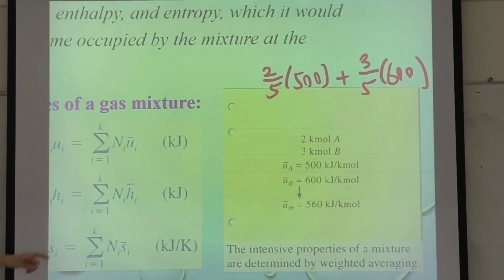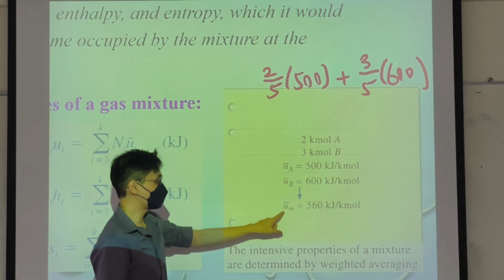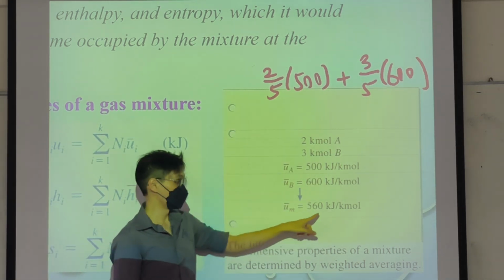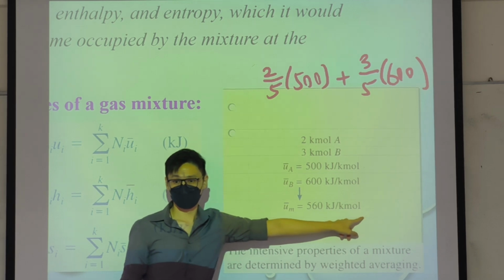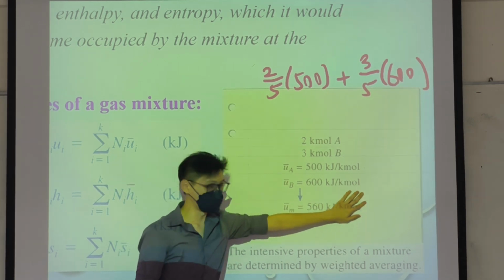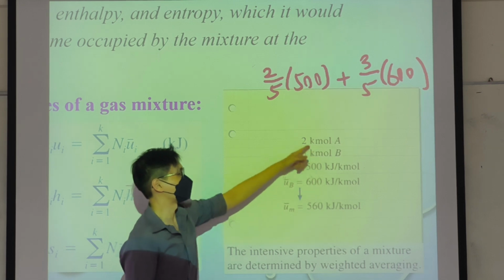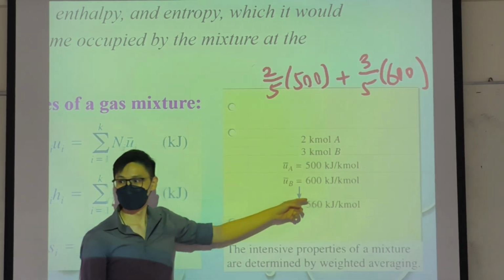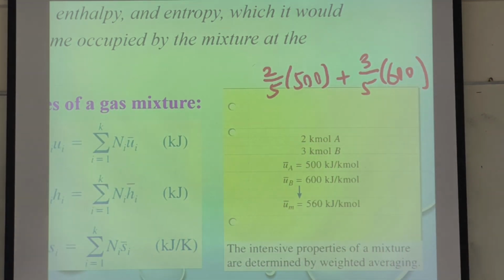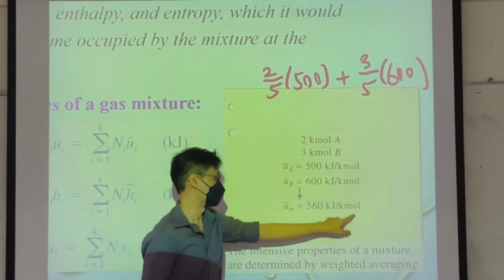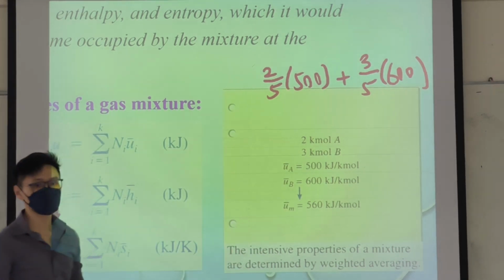The reason we need to use the fraction is because here we are looking for the mu in terms of per kilomole. If you are looking for this in terms of per kilojoule, you just multiply and do the same thing. But to find the mu in terms of kilomole, then you need to use back the mole fraction.